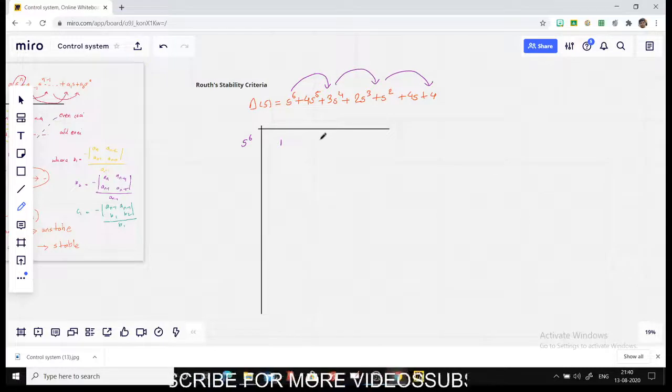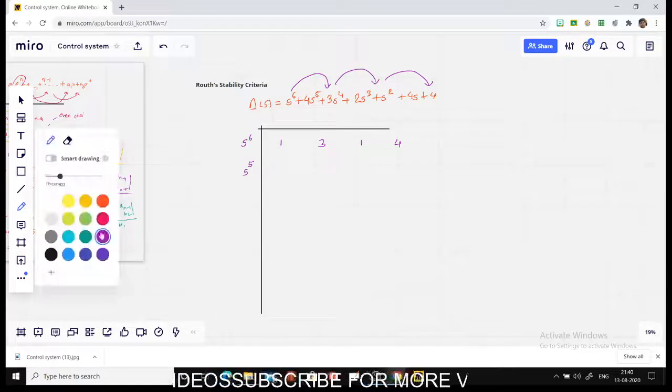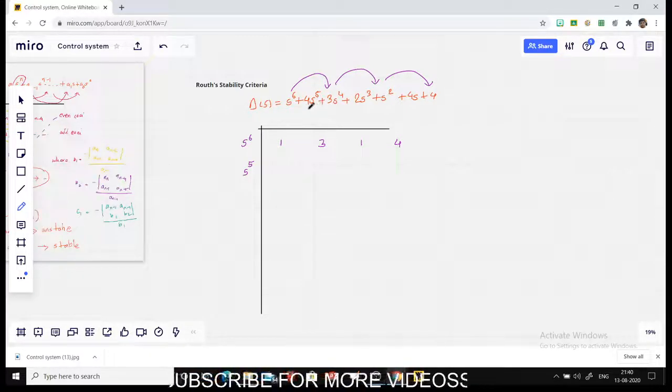I am keeping some distance so that I can easily solve this Routh's array below. Then the second row, S raised to 5, starting with 4 and the alternate coefficients: 4, 2, 4, 0.